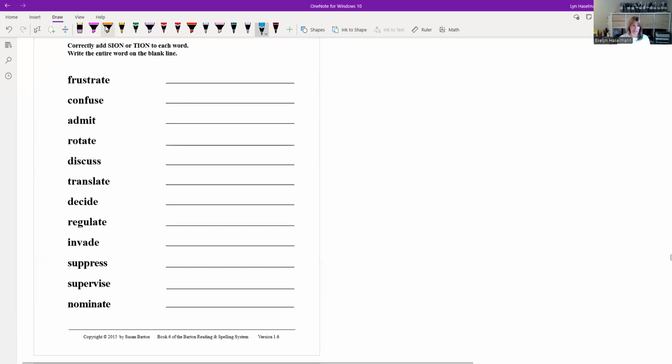Okay, correctly add TION or SION to each word. Write the entire word on the blank.